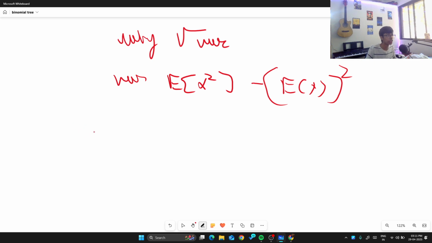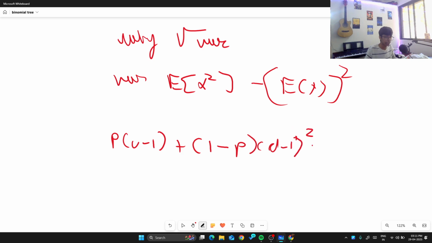First we will find the expectation of x square, right? So the expectation is P times (u minus 1) square plus the probability of going down, right, and then we will keep it in a whole bracket like that. It is simple.